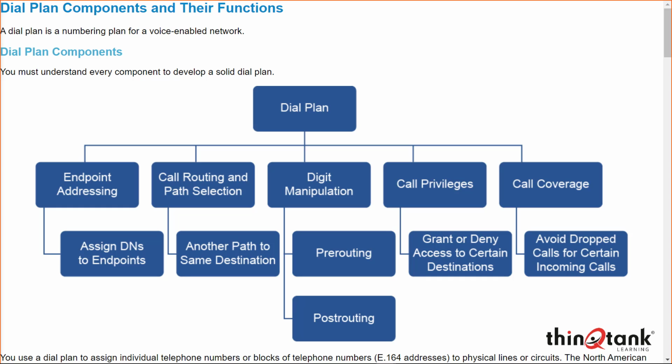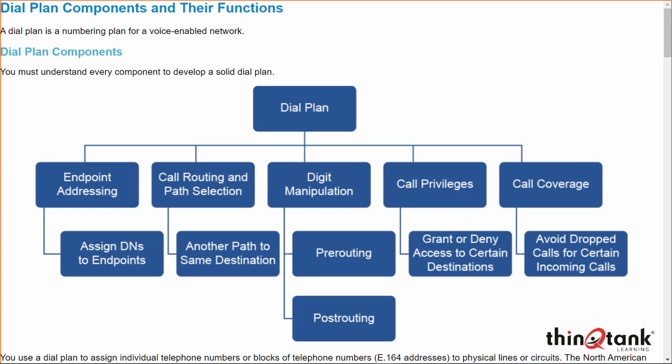Which may require, by the way, that we do some sort of manipulation on the number to be able to facilitate that rerouting function. Does that make sense? So obviously, if I'm doing WAN dialing, that WAN dialing doesn't have the same requirements as if I was doing some traditional PSTN dialing, where I would have to have the standard calling structure that you would have to have when routing calls over the PSTN.